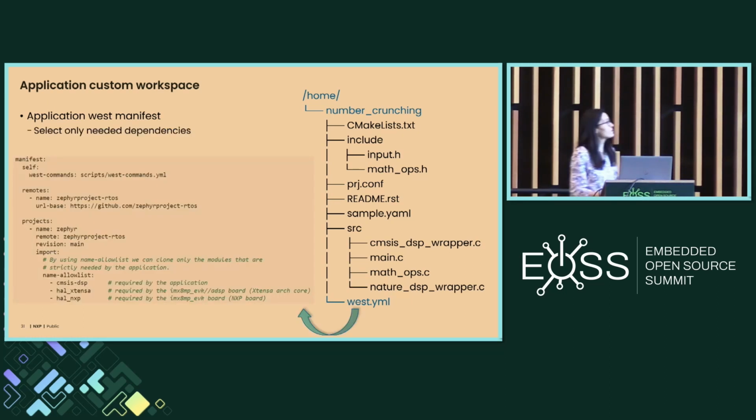So this is an example of how our west.yml will look for this particular sample. We only need the CMSIS DSP, the Xtensa HAL, and NXP HAL, and we are going to mention this using a name allowlist. And for the Zephyr repository, we're going to use the main branch. So that's about it. Why should I bring all the dependencies from Zephyr if I need only these? So I'll create my own west.yml.